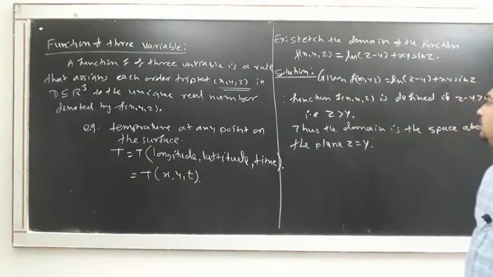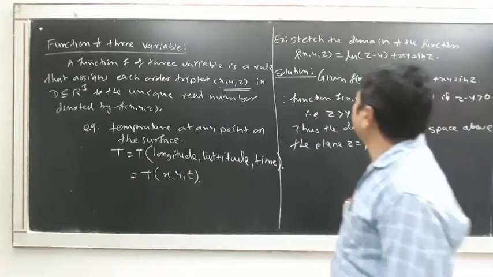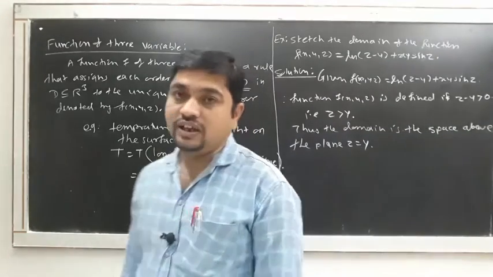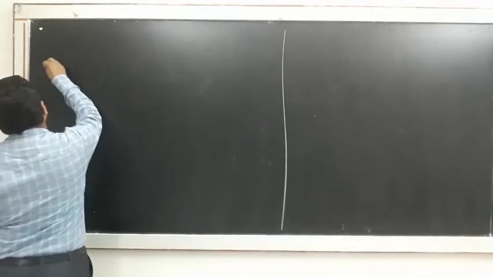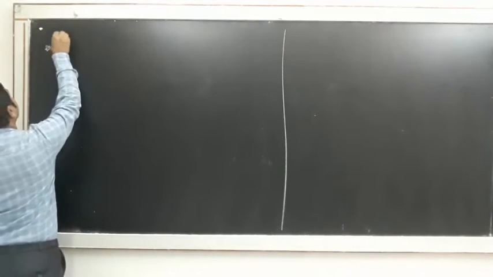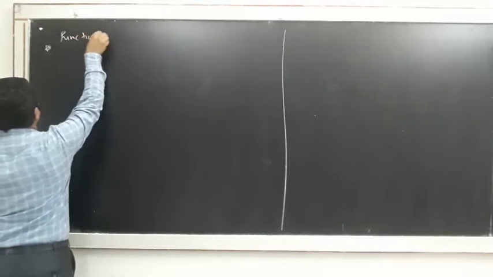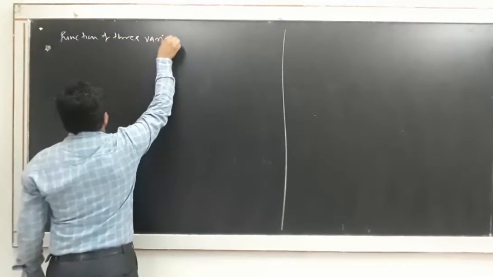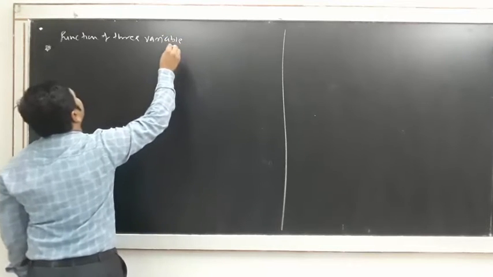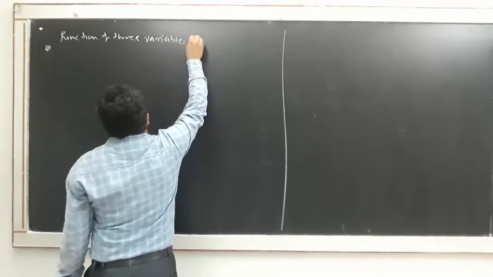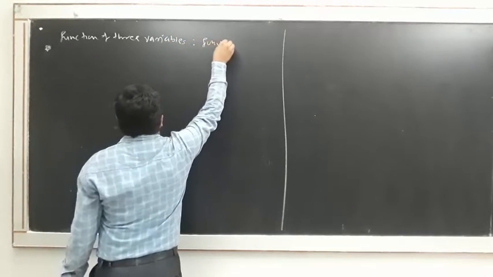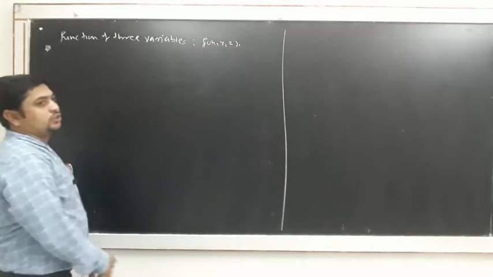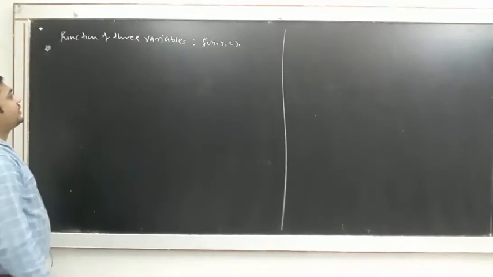Similarly, you can find the domain in many other examples. What we saw first was the domain of a function of three variables, f of x, y, z. Now we can find the graph of this.